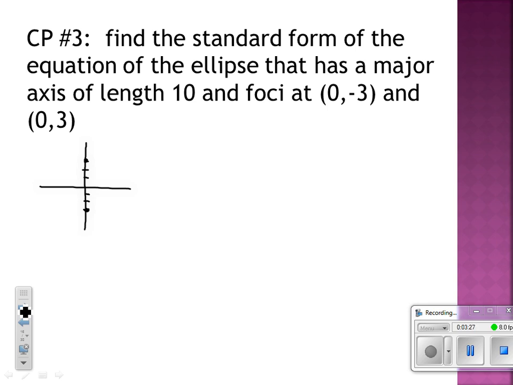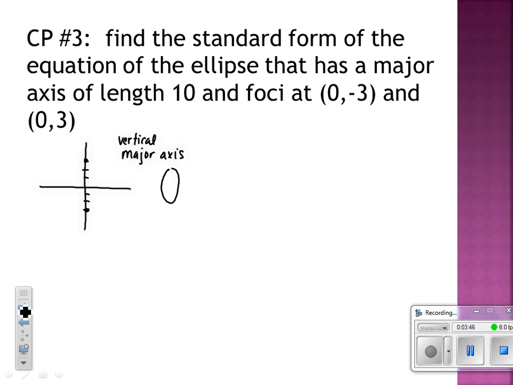That has to be my major axis, so I know that I have a vertical major axis. Okay, so my ellipse is going to stand up on its end kind of like this.